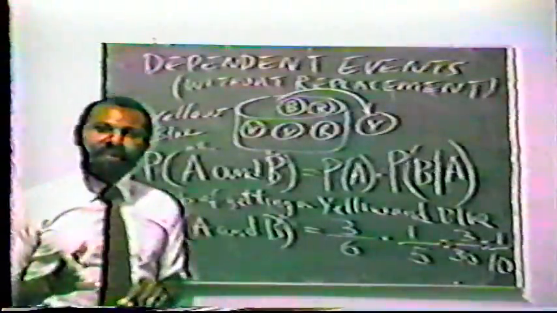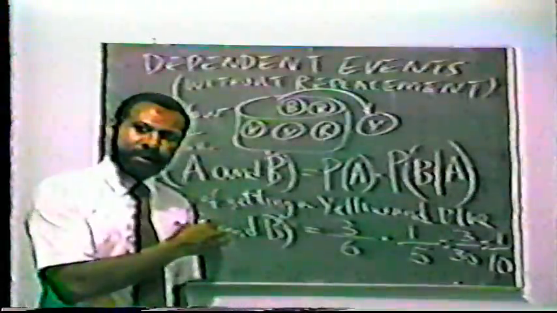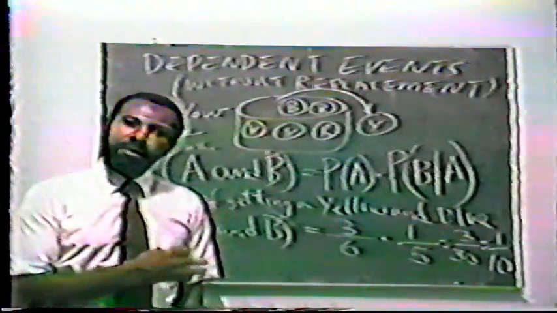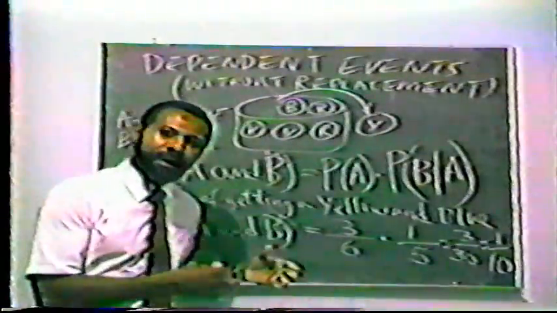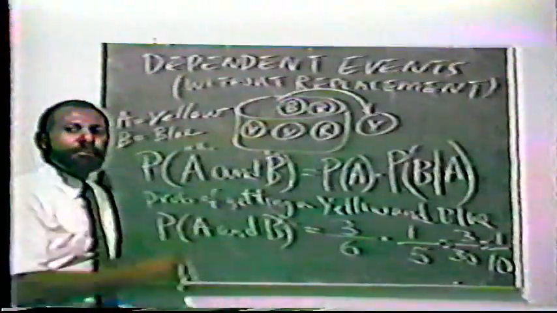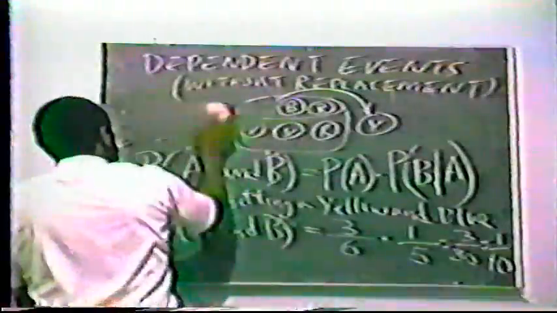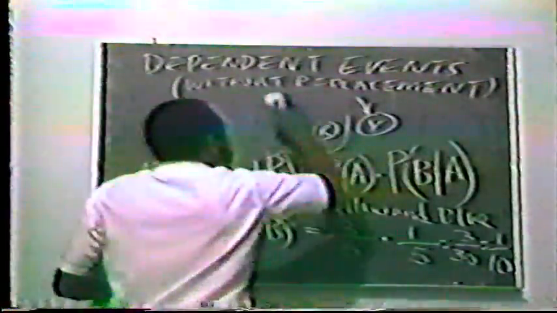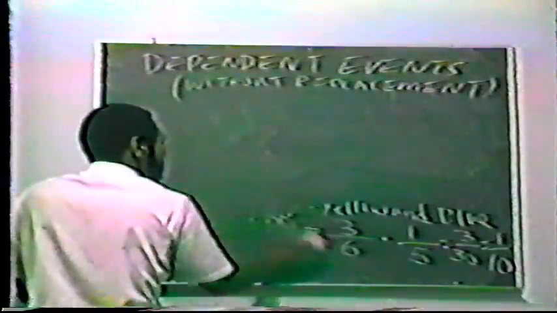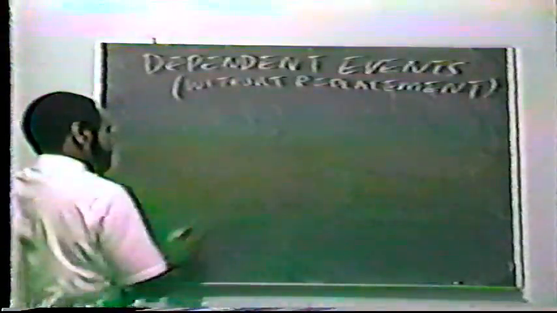Now, just as with the probability formula involving independent events, the probability formula involving dependent events can be extended to include any number of events. For example, if we have 3 dependent events, events A, B, and C, this is how the formula would look.